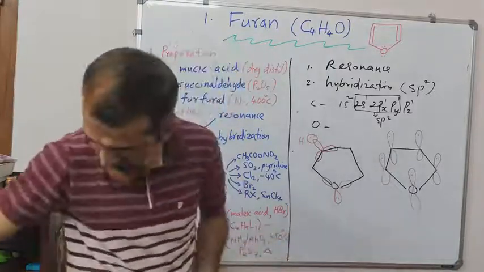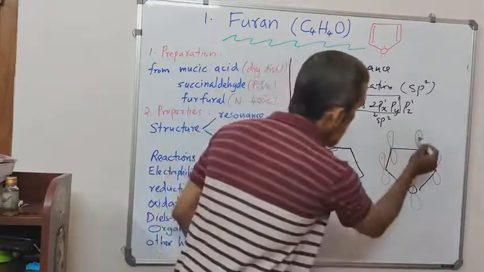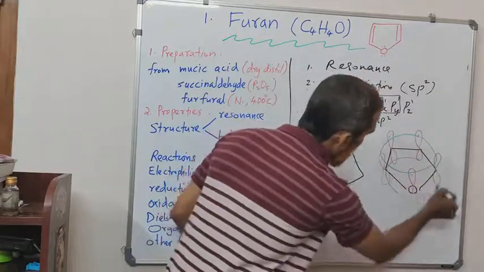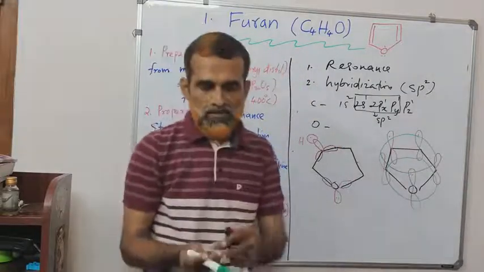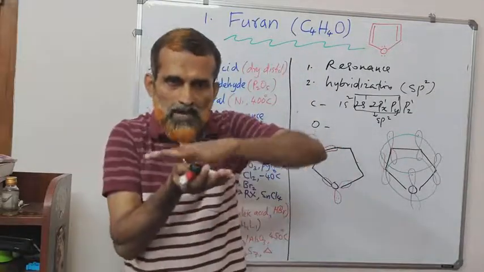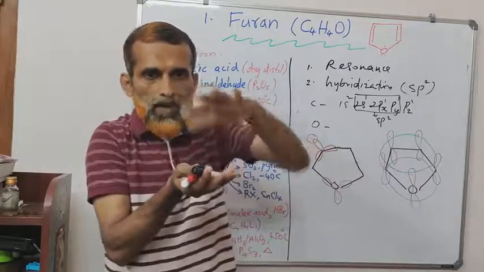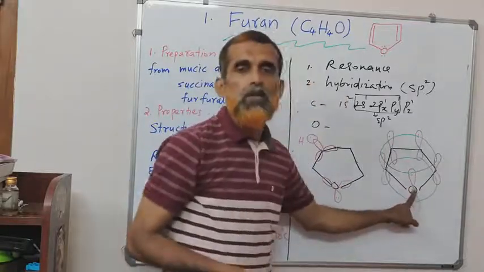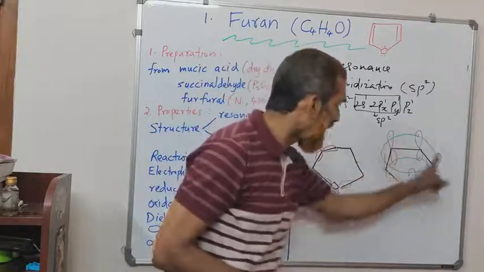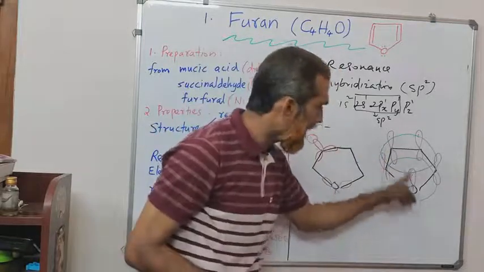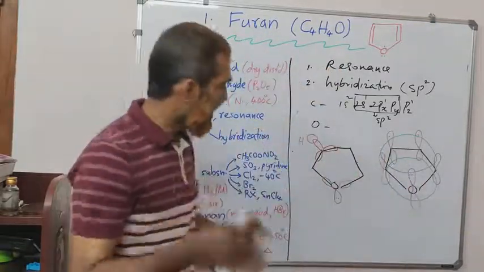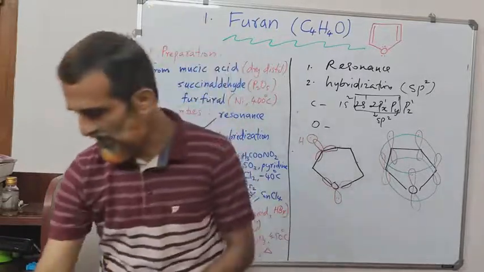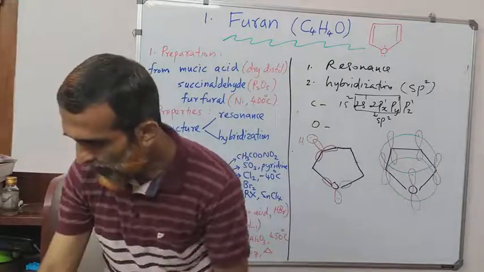Anyway, what happens is that they will overlap laterally, okay, overlap above as well as below the plane, forming 2 lobes, right? If this is the plane of furan, there will be 1 pi lobe above the plane and 1 below the plane. So the point is, the orbital used by oxygen for forming this pi cloud is the unhybridized orbital containing lone pair, whereas oxygen has another lone pair which is present in the sp2 hybrid orbitals. So remember that. Okay, so that's about hybridization.